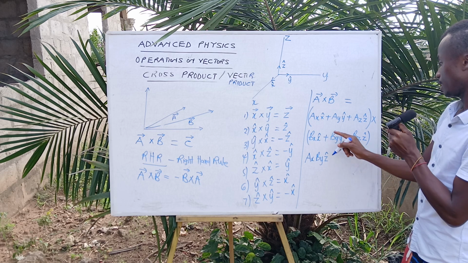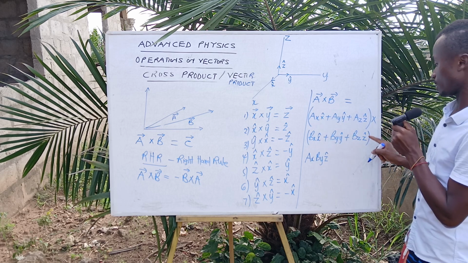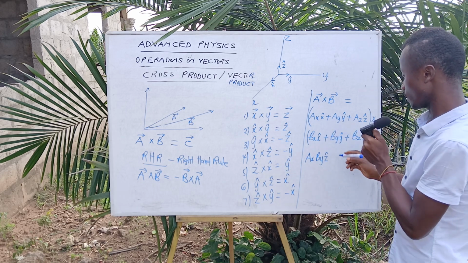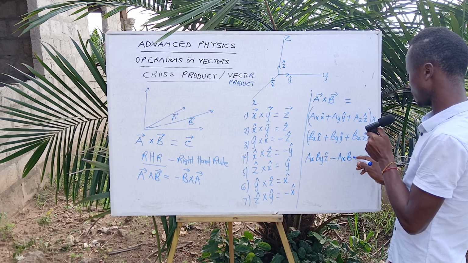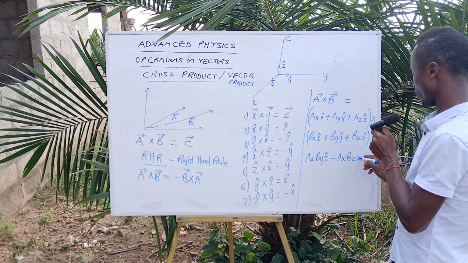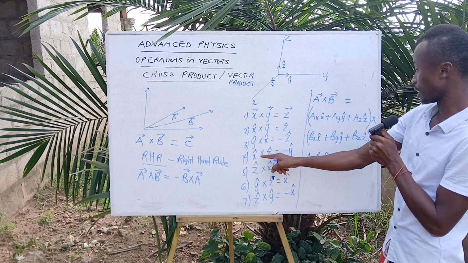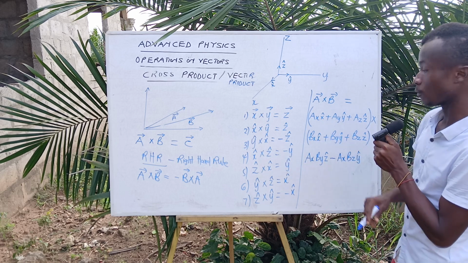That will be AX BZ, x-hat cross z-hat. Where x-hat cross z-hat will give us negative y-hat. So this will be minus AX BZ y-hat. The minus comes from here because x-hat cross z-hat will give us negative y-hat. We are done with the AX.